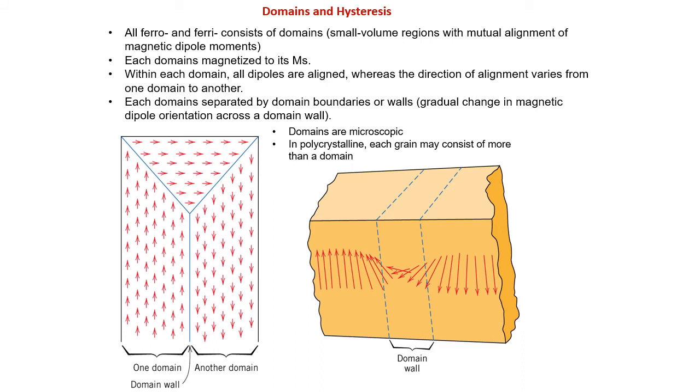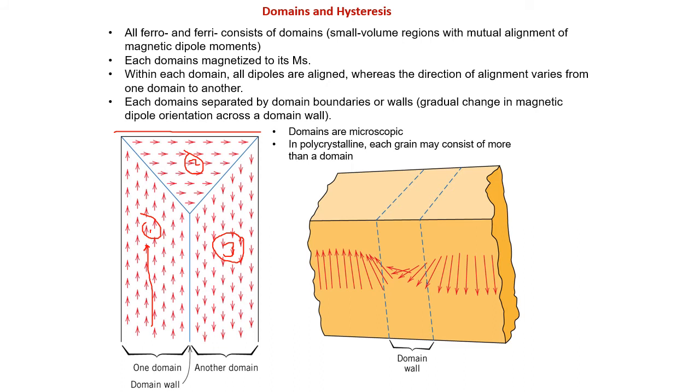If we look at this figure, there are three domains. In the first domain, the dipole moment is upward. In the second domain, the dipole moment is to the right, and in the third domain, the dipole moment is downward.